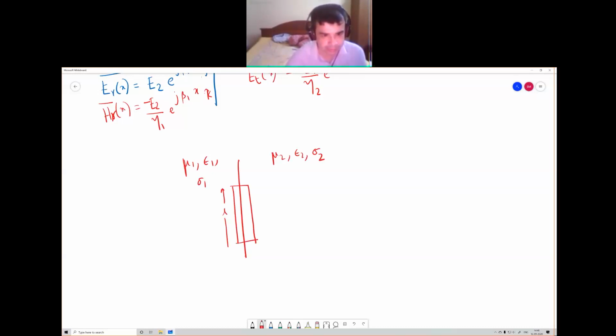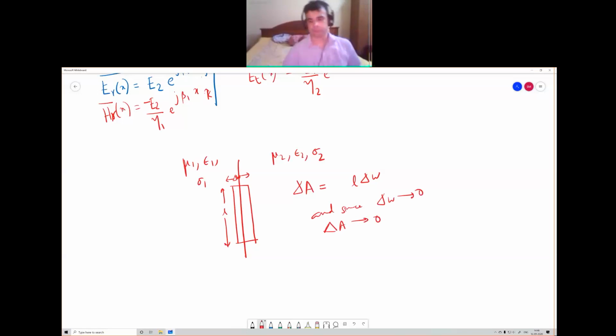The length is L and the breadth is W, so the area delta A would be L times delta W. Since delta W tends to 0, delta A should also tend to 0. Correct? Is it okay?